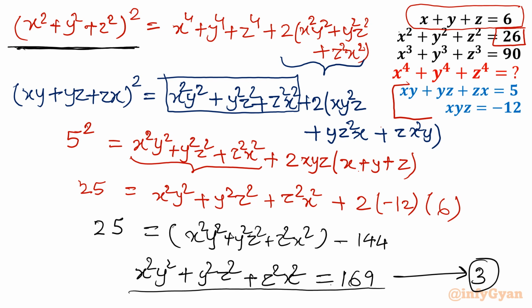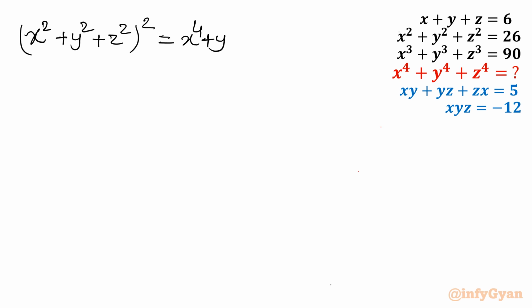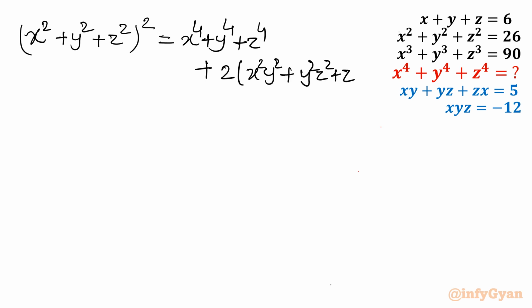In this square formula we will put this value. Let me write x square plus y square plus z square whole square is equal to x power 4 plus y power 4 plus z power 4 plus 2 times x square y square plus y square z square plus z square x square.